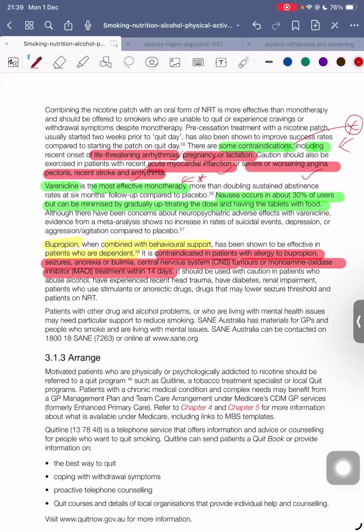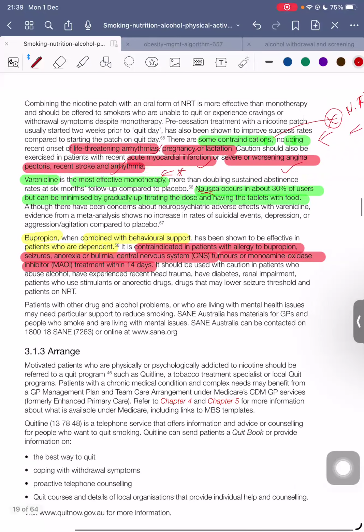Here, you have to remember the side effect, nausea. Okay, if the patient is taking varenicline, the patient can have nausea, about 30% of users. To prevent that, we can advise these patients to take this tablet with food.